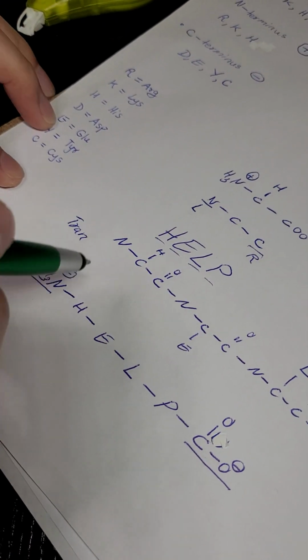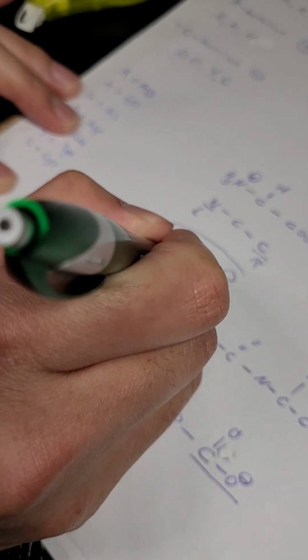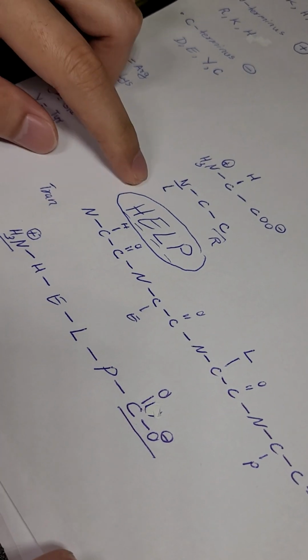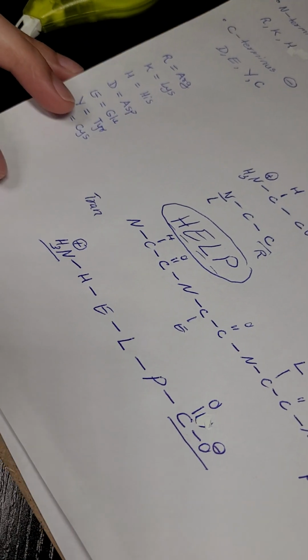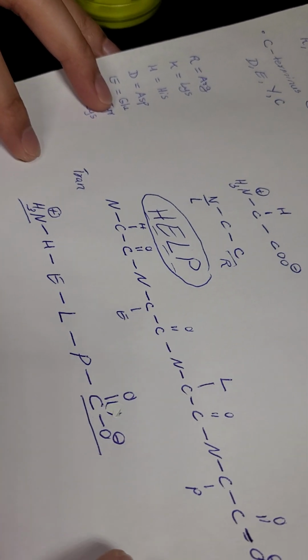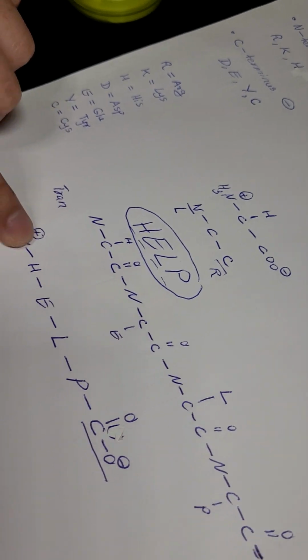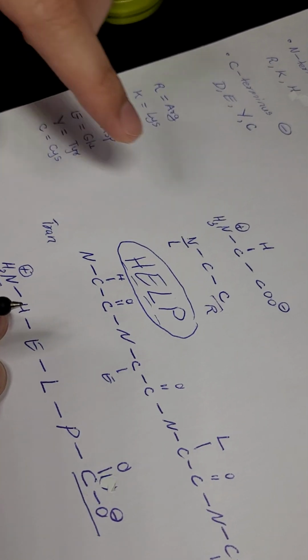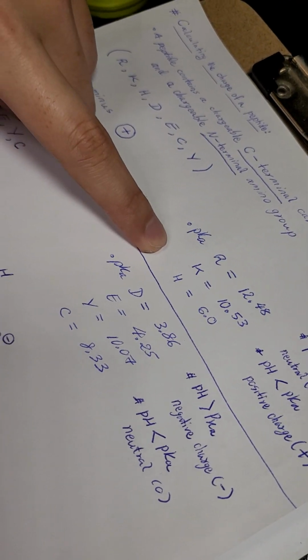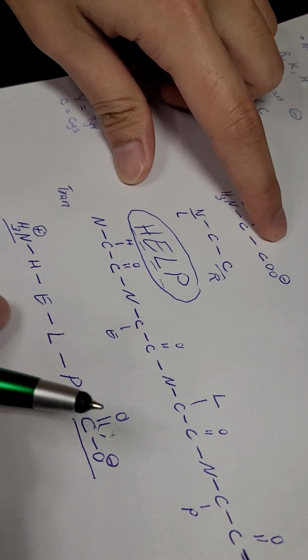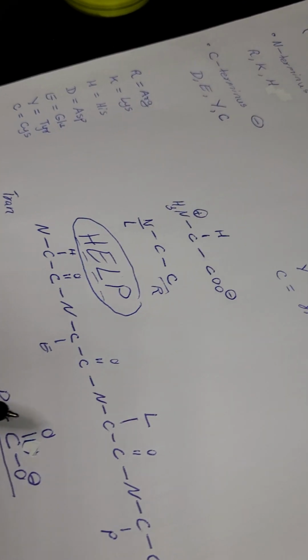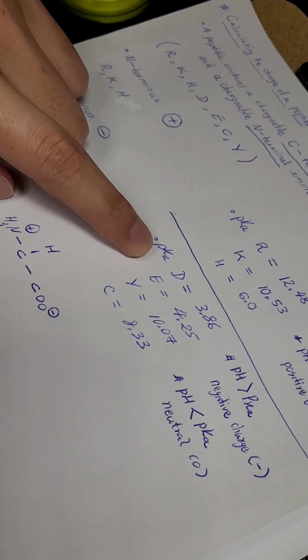If the exam gives you a word to calculate, for example HELP, you use the chart. Okay, we have H in positive charge. Keep it. E, we have E, this one.